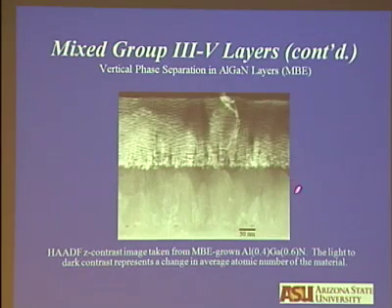This is a structure we were not trying to grow, but we were trying to study phase separation in aluminum gallium nitride. And what you get is a vertical alignment of the phase separation, vertical modulations. The light region is the indium gallium rich, and the dark regions are the aluminum rich.